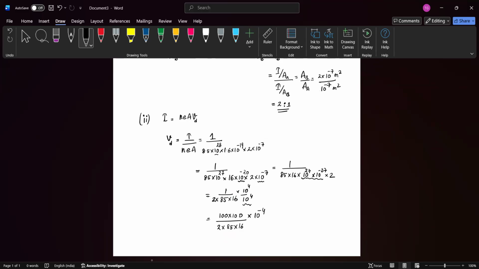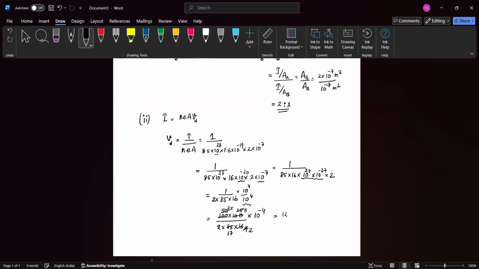So this I can simplify: 4 into 4 is 16, 4 into 2500, then 5 into 525, 5 into 17 is 85, 1785. Then we have this 2 into 50, 100. So this is 2 into 2, 2 into 25.